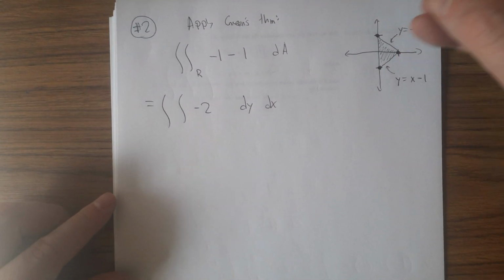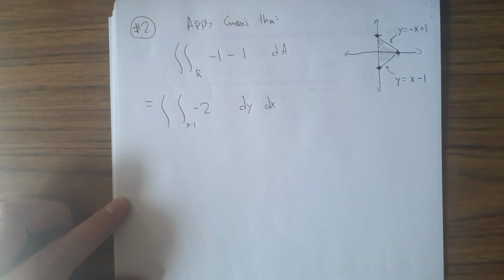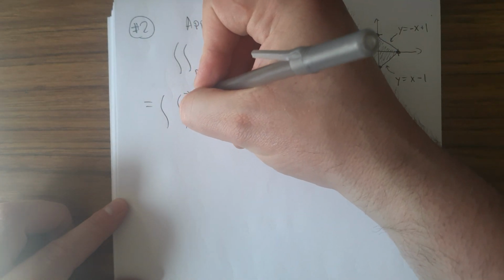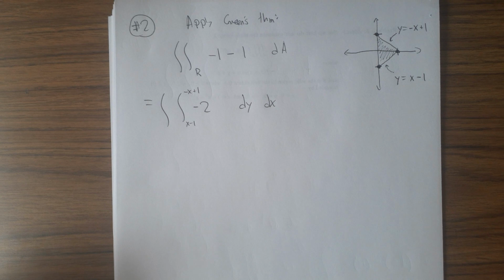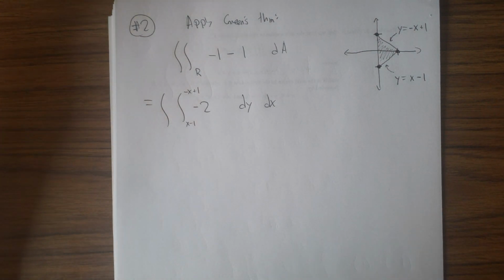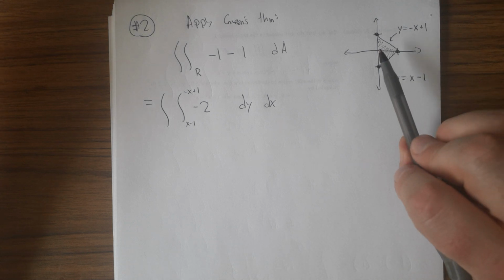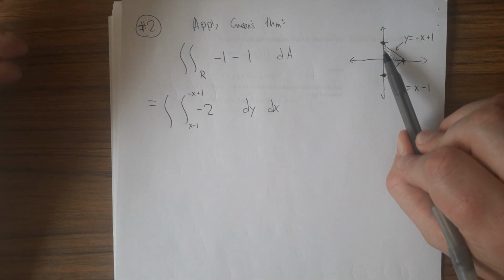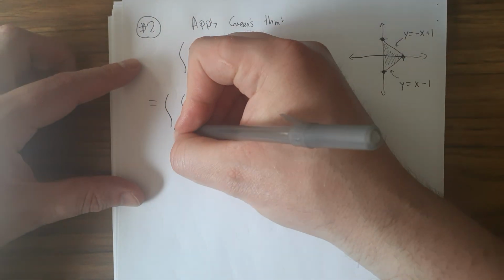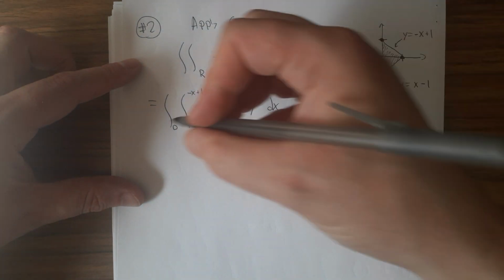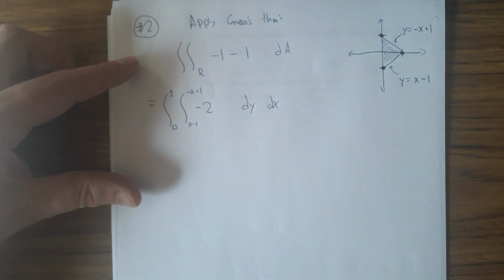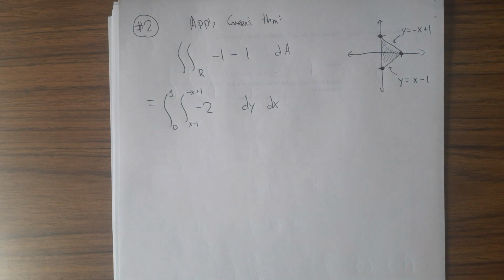And so y is going to go from this to this. My limits of integration for x just have to be numbers that aren't allowed to depend on any variables. So I just look at the farthest left point, which has an x-coordinate of 0, and the farthest right point has an x-coordinate of 1. So there we go. It's set up.